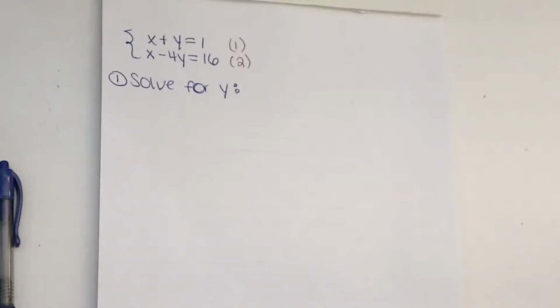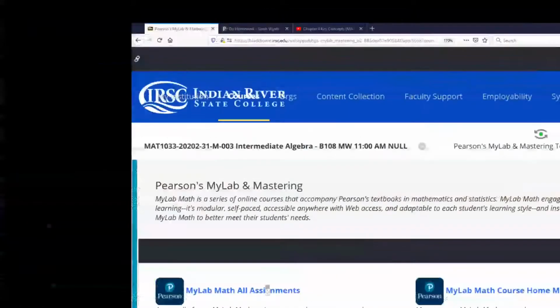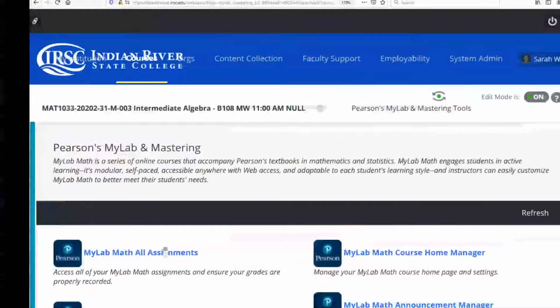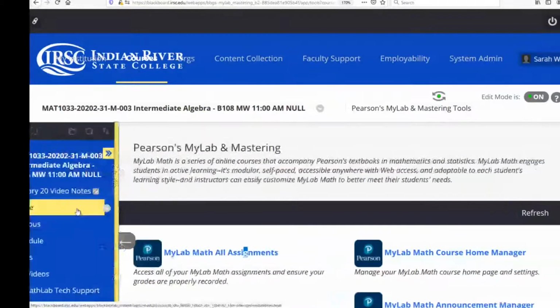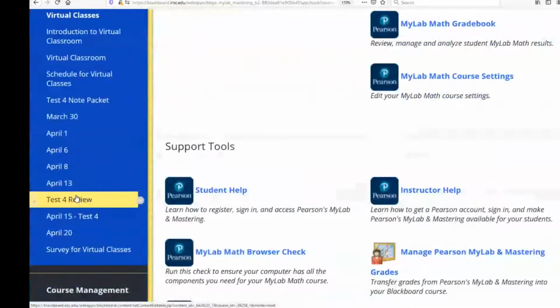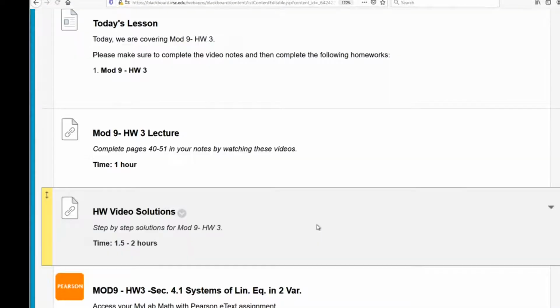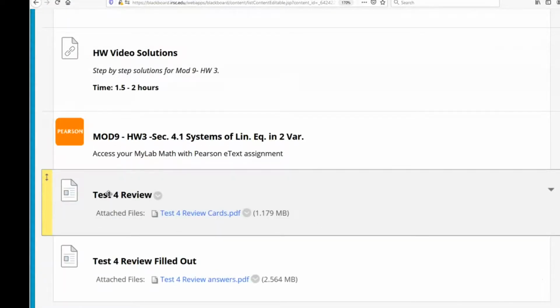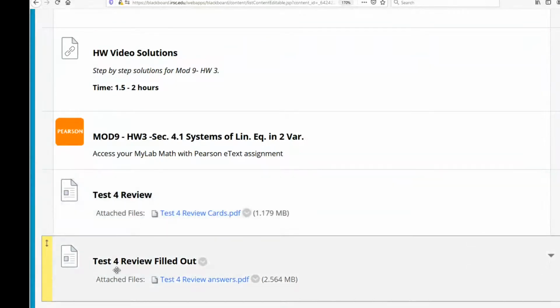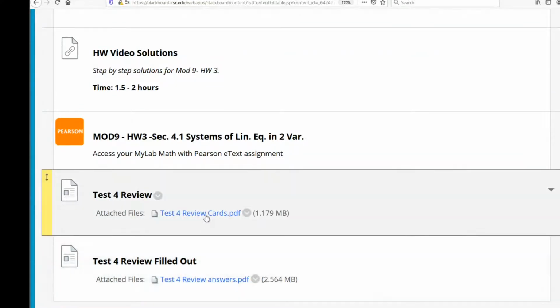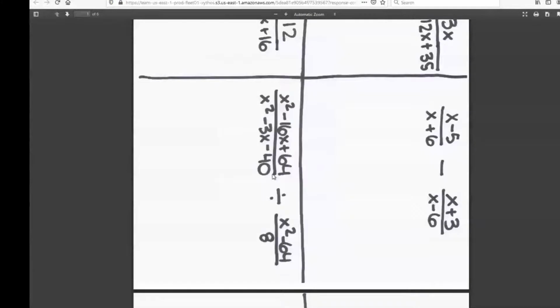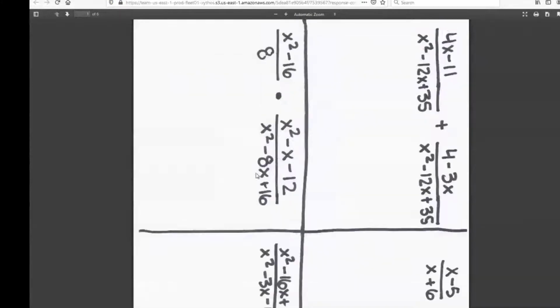If you scroll down to April 13th, you will see the test 4 review cards, and the test 4 review filled out. I want to go through these review cards in your pre-quiz this week.